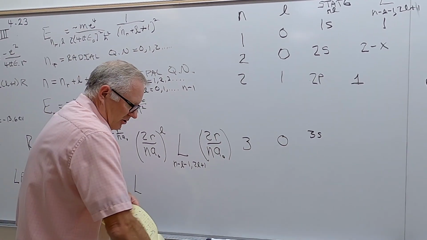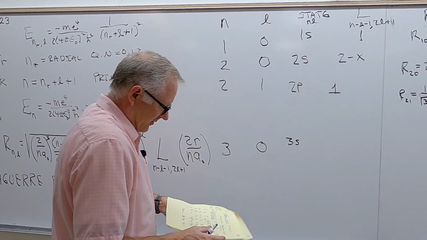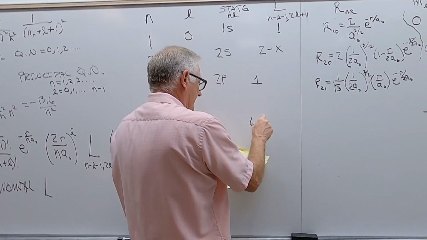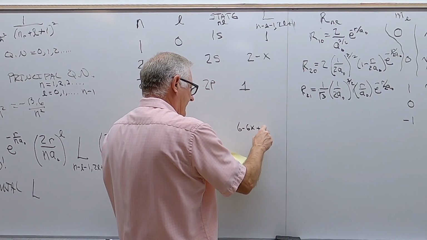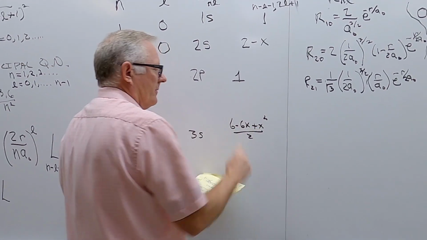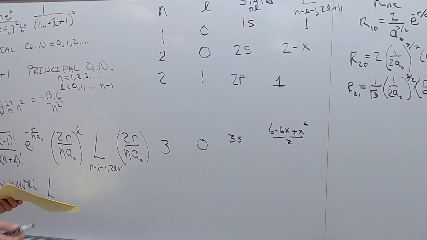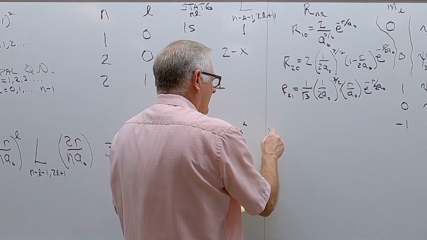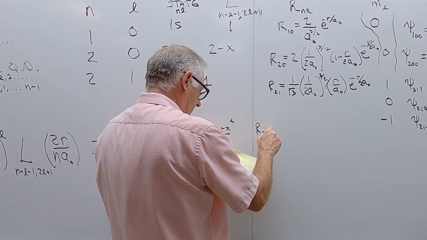Okay, the Laguerre polynomial for the 3 would be 6 minus 6x plus x squared all over 2. So you can see the polynomial is going to be getting bigger, which means that this R30 state will be getting bigger.